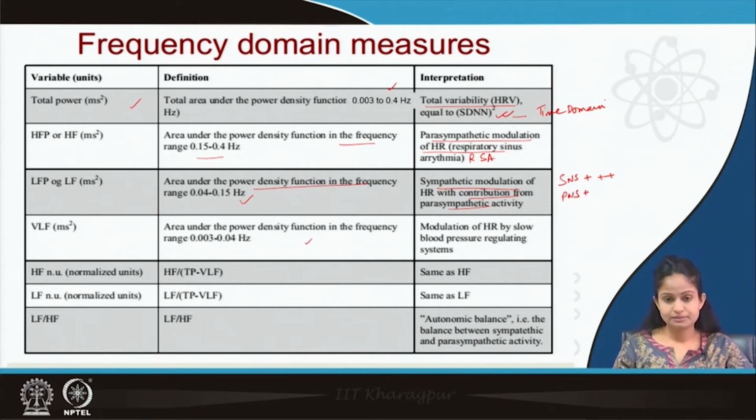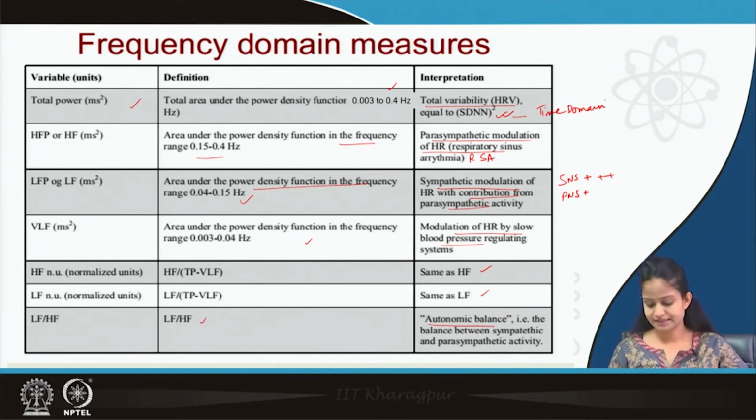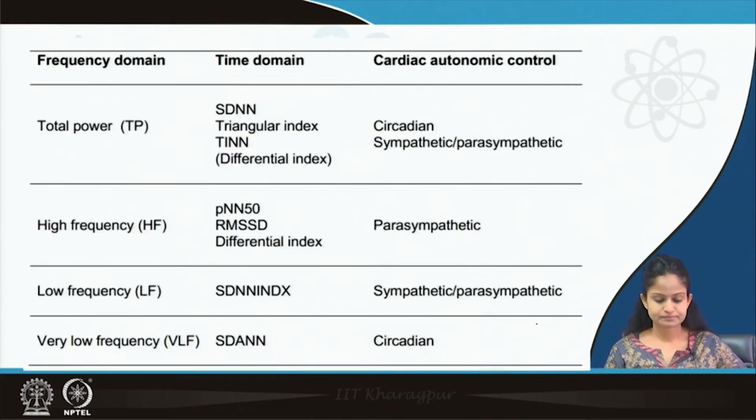Very low frequency 0.003 to 0.04 is mainly regulated by slow blood pressure oscillations, and the same HF and LF can be in normalized units, the mechanisms or interpretations are the same. The LF-HF ratio is the autonomic or sympathovagal balance, between the sympathetic and the parasympathetic activity in our body. Now the correlation of the frequency domain and the time domain with respect to cardiac autonomic control.